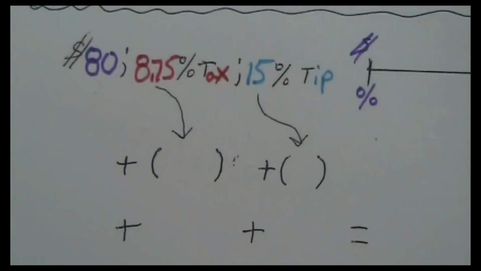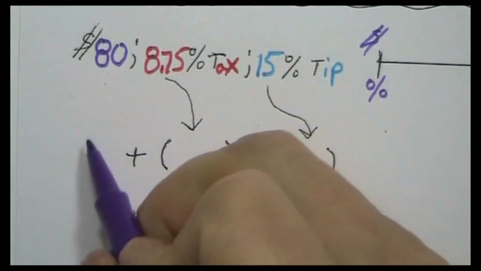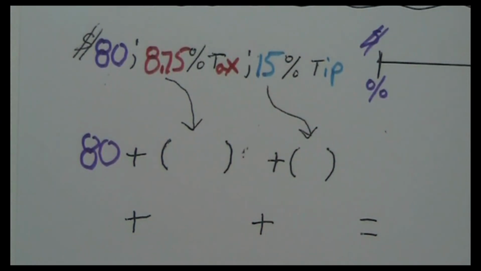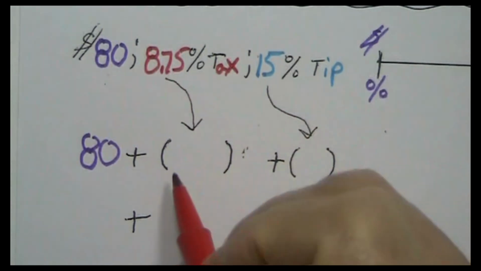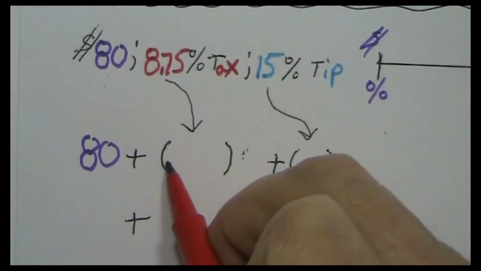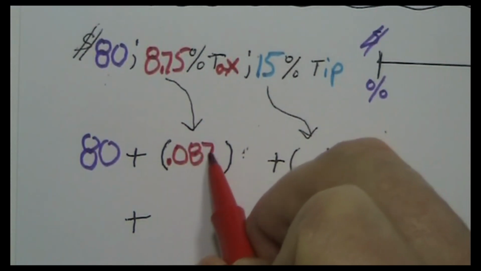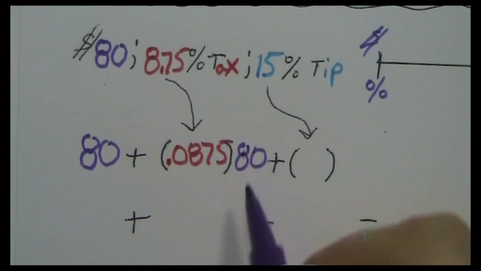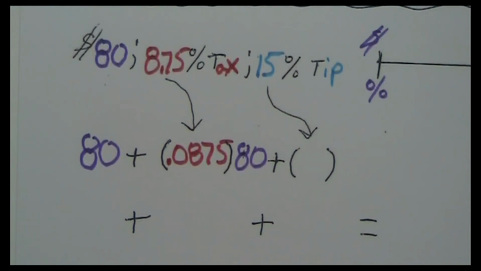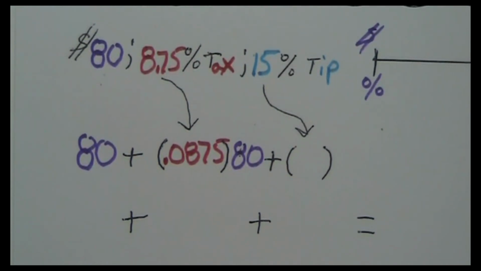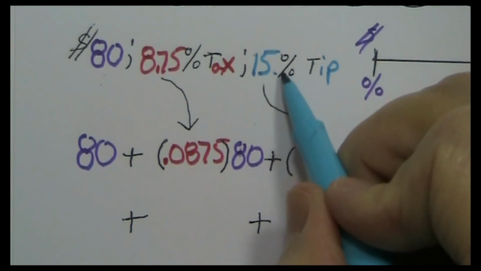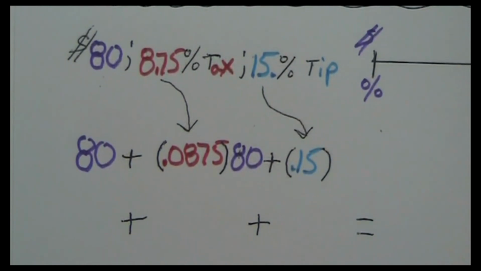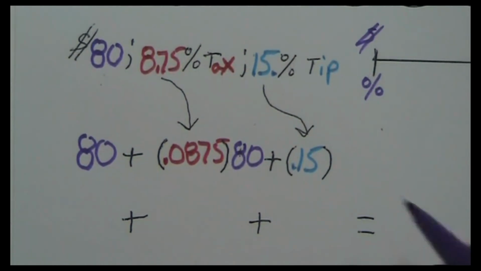So going over here, let's see, we have $80. Let's say it's $80 for dinner. Now we need to put in the tax, which we did before. Move the decimal over 2 spaces, 0.0875 times 80. And then next we want to find 15%. 15%, well, there's the decimal. Move it over 2 spaces, 0.15 times 80.